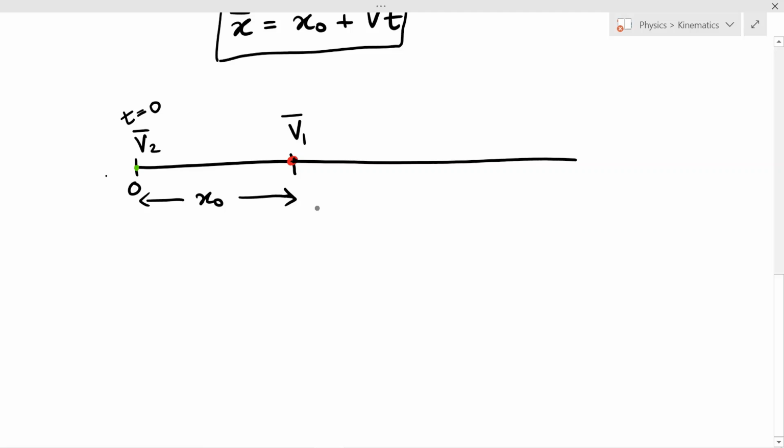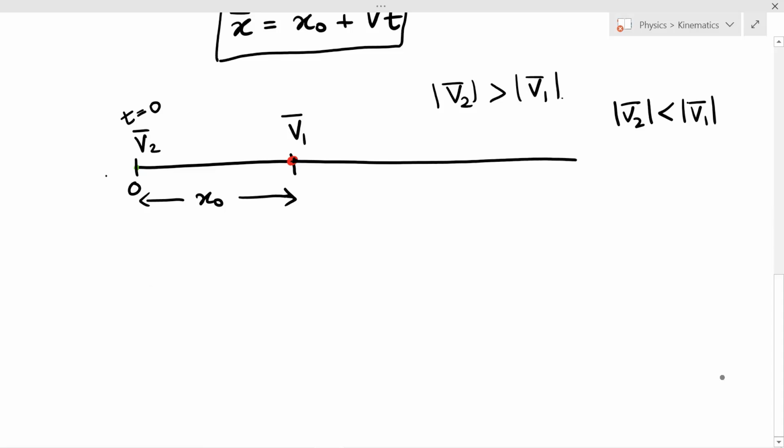Now if the modulus of v2 bar is greater than the modulus of v1 bar, these two objects will meet at a certain point, and after that the green object will overtake the red object. If v2 bar is less than v1 bar, then these two objects will never meet, because v1 bar is already bigger than v2 bar. So it is impossible for the green object to catch up with that uniform velocity.